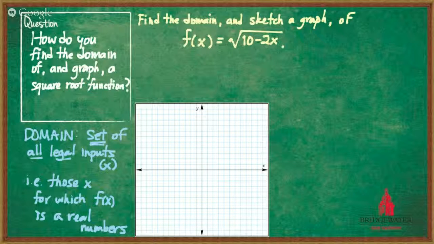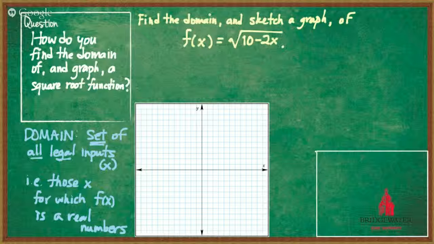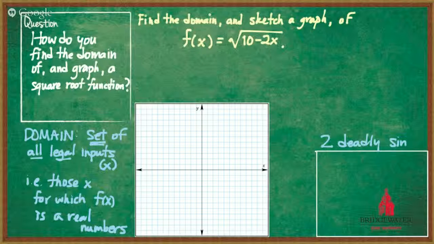The two things that we are not allowed to do with real numbers, let's call them the two deadly sins for our course. These two operations both produce non-real values.